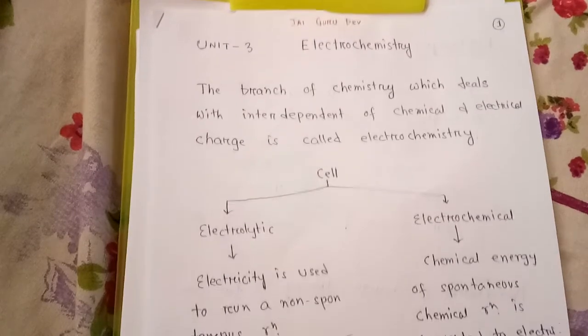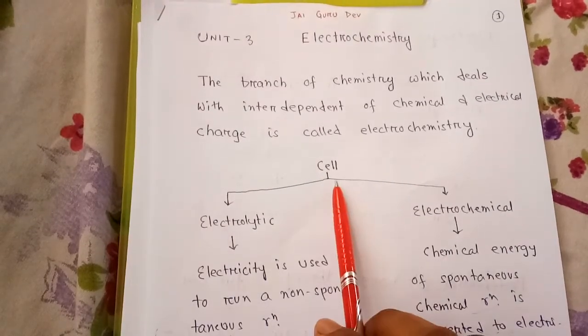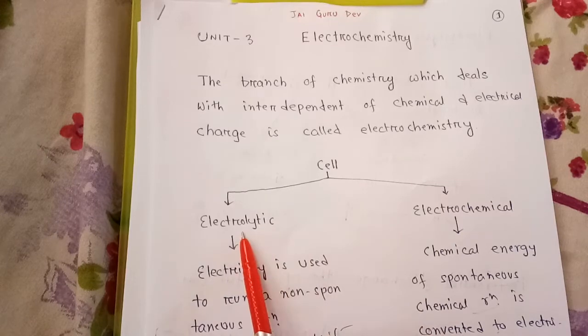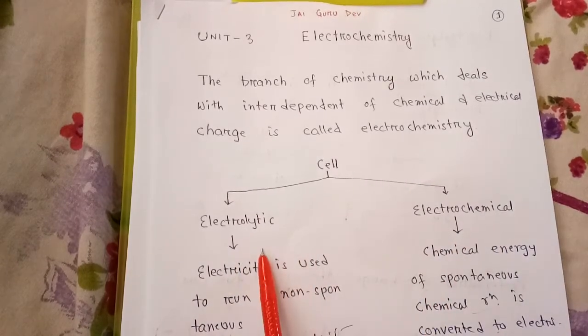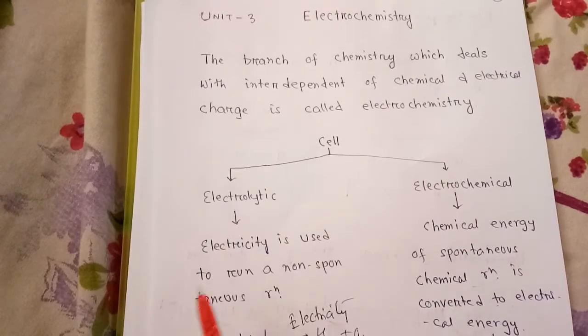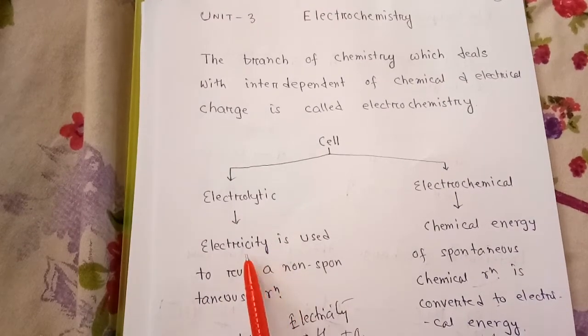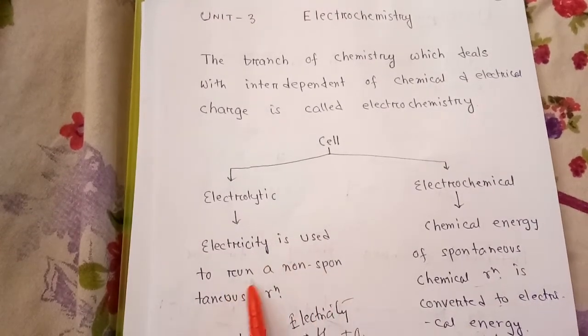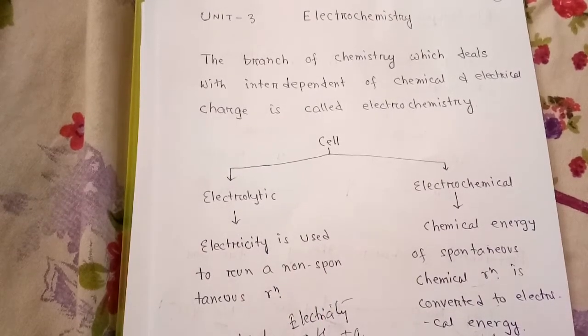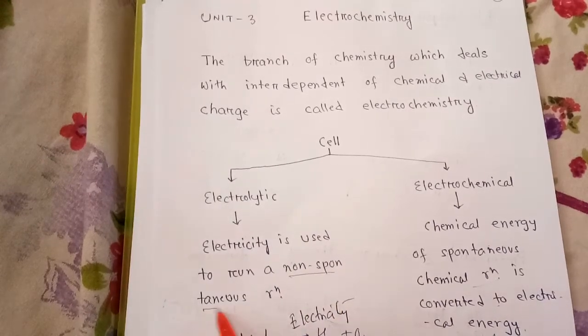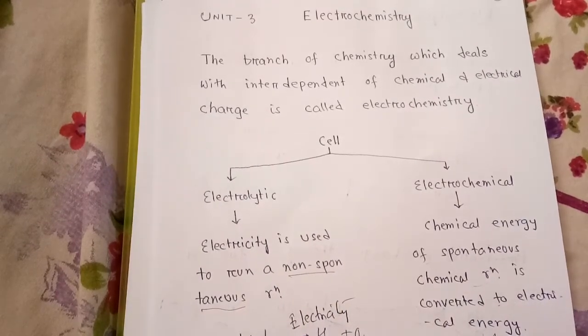In this one, first of all, you have to take a cell. Cells have two types. One is the electrolytic cell, another one is the electrochemical cell. An electrolytic cell is a cell in which electricity is used to run a non-spontaneous reaction. This means the reaction is not going to happen of its own.